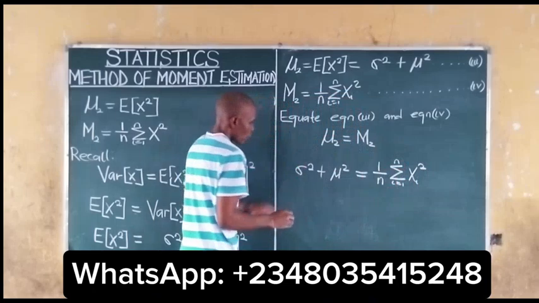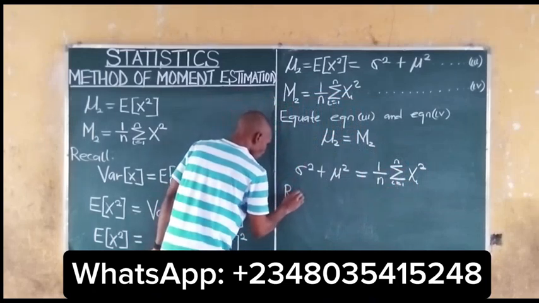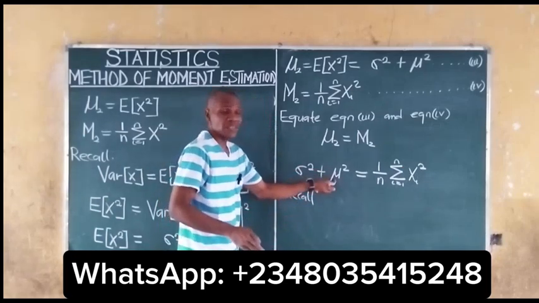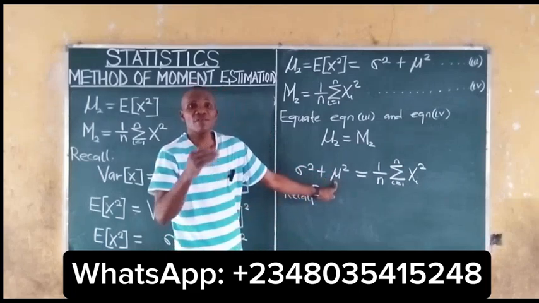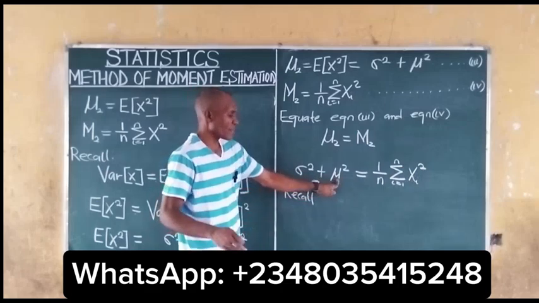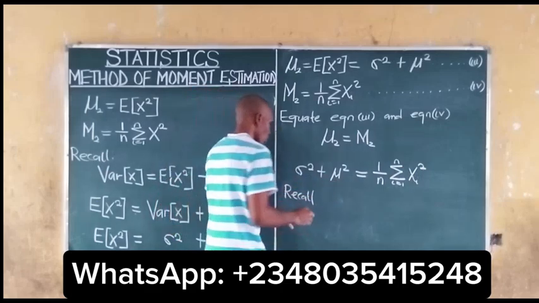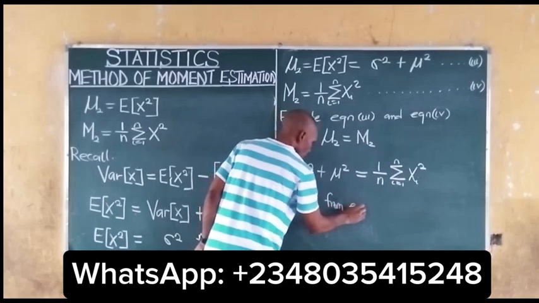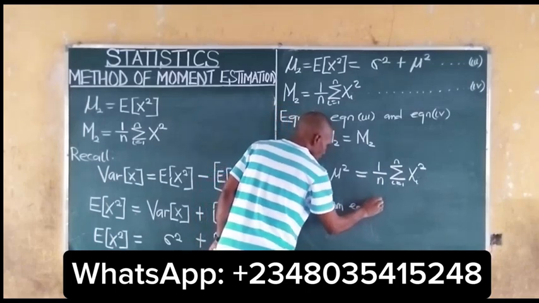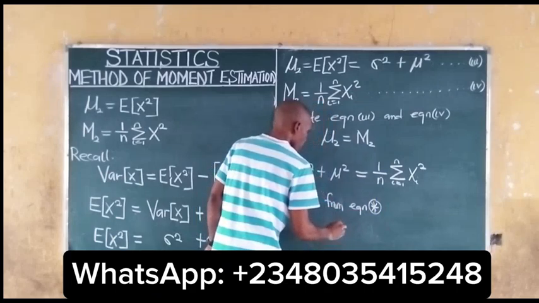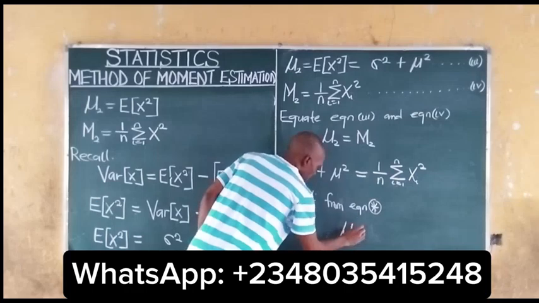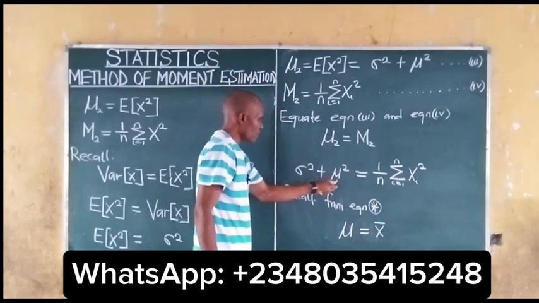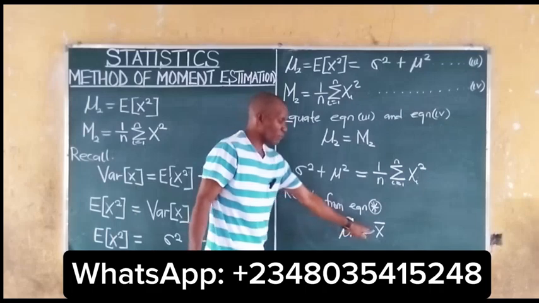Now, we say recall because we are not done. We have to estimate mean and variance. We have already found the mean, and now we are looking for the variance. Recall from equation star, which I said earlier, mu is equal to x bar. So anywhere we see mu, we can put x bar.